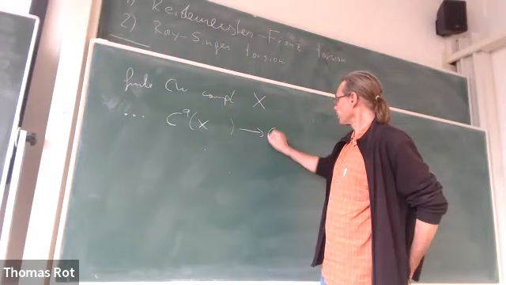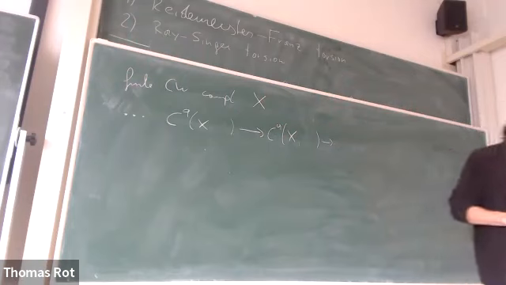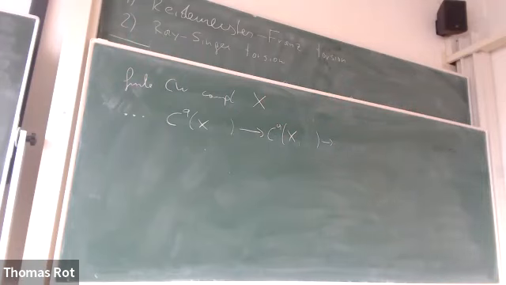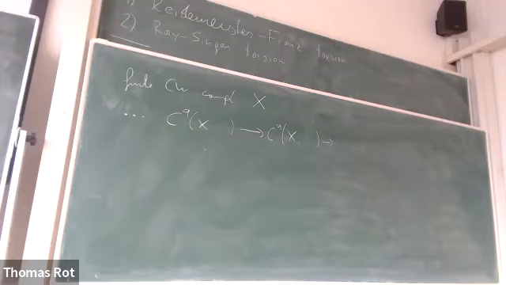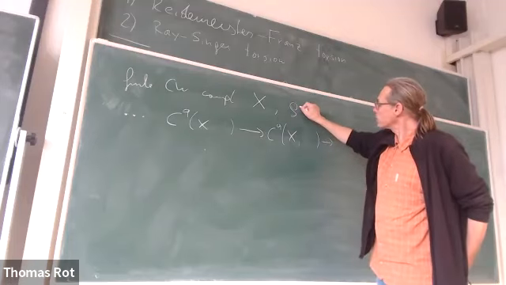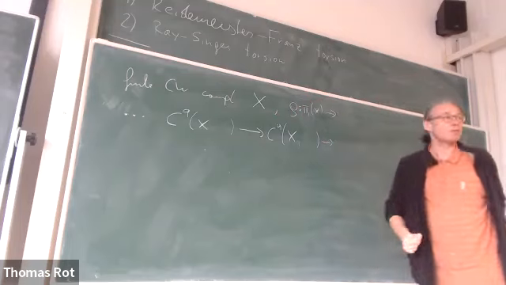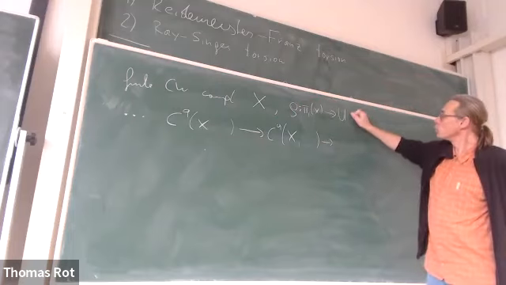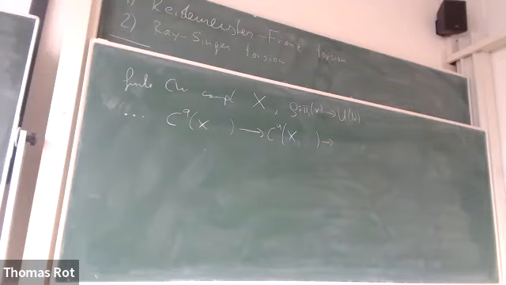For what I'm doing, it is important to not just look at the regular cellular complex for the trivial system of coefficients, but we're going to twist this complex with a representation of the fundamental group. So in addition, we fix a representation of the fundamental group of this CW complex. It's a unitary representation for simplicity. And we look at the cellular complex with coefficients in this representation.